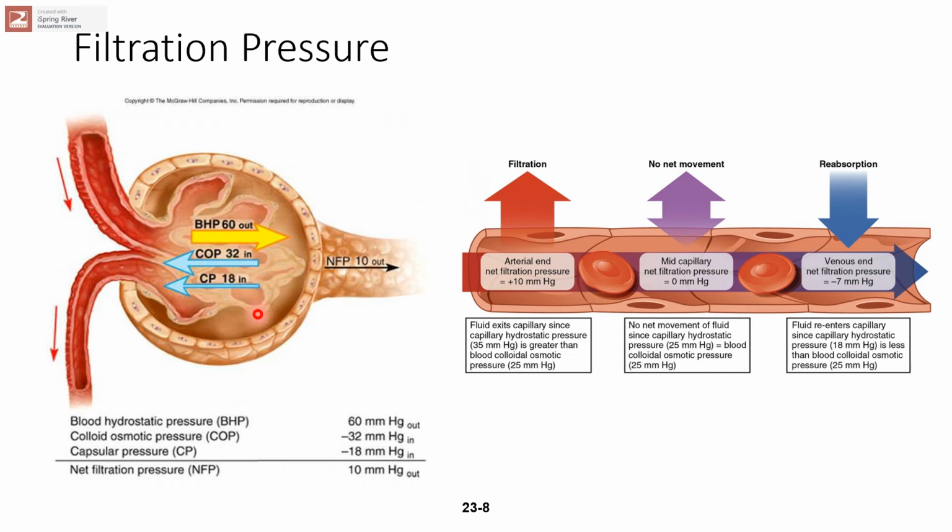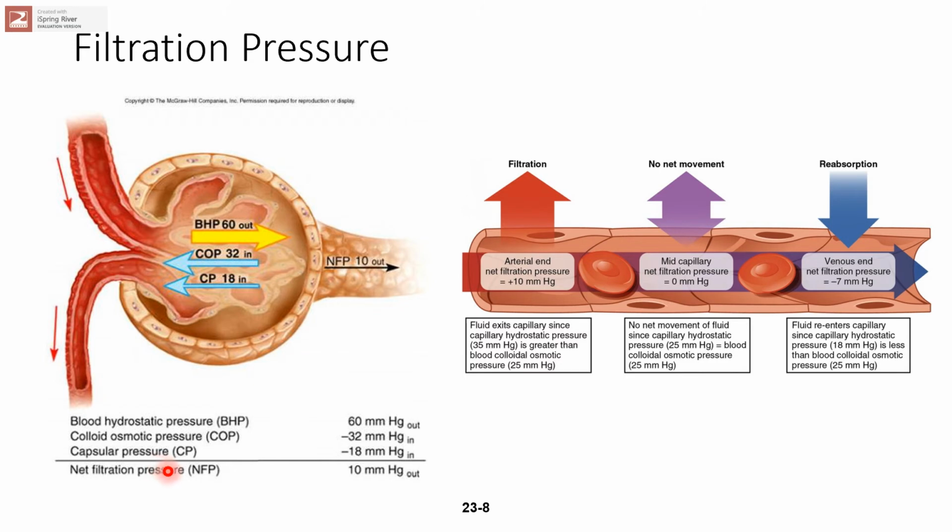And the absence of protein in the Bowman's space or the capsular space results in nearly zero osmotic pressure, because this area does not have any protein in it. Okay, and then you have the capsular pressure, or CP, over here. So the capsular pressure is basically the capsular hydrostatic pressure.